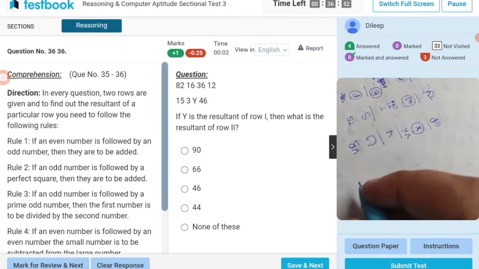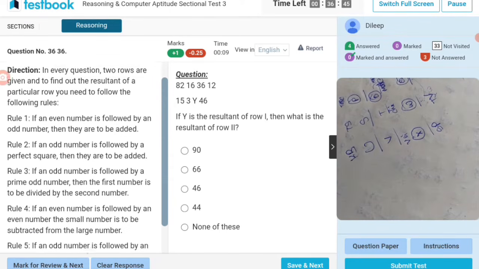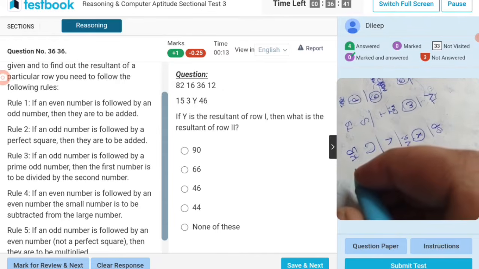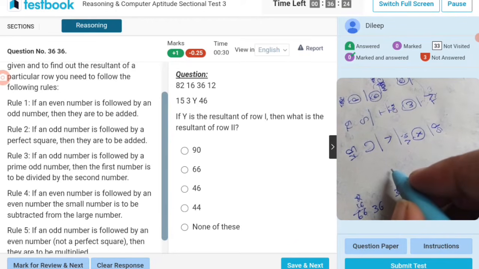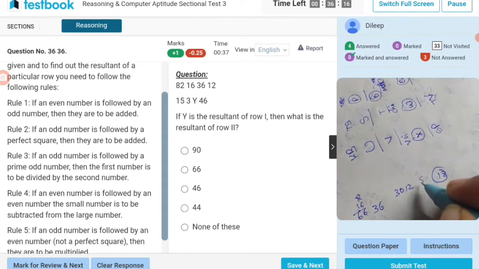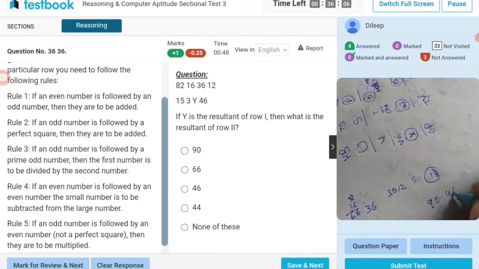Next. If an even number is followed by odd, 6, 66, 36, 30, 12, 18, 15, 3, 5, 90, 46, 44.